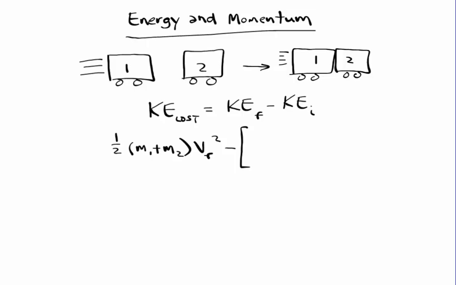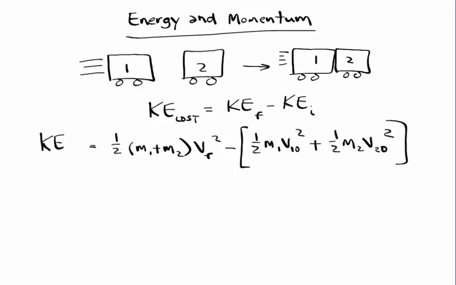You cannot subtract their velocities and then combine them. You have to literally do 1/2 m1 v10 squared plus 1/2 m2 v20 squared. Once you calculate this, it will give you a negative number, which is your lost kinetic energy. A little bit of work, and it could be a little tedious, but it's not exactly hard.